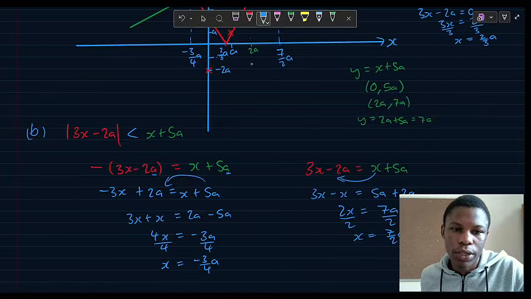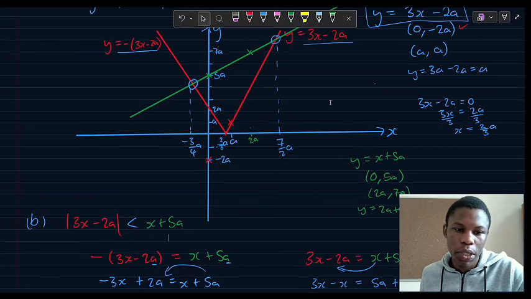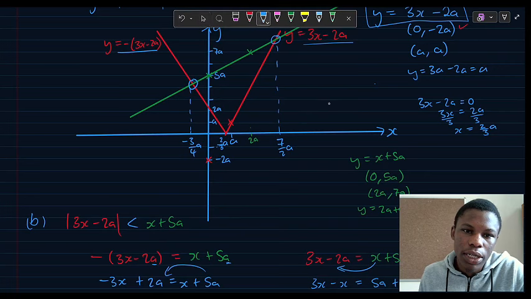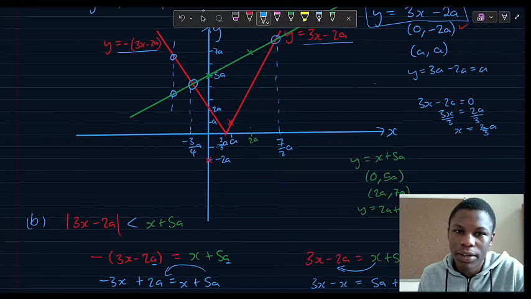That's what we're trying to figure out. When is the red graph below the green graph? So if I pick this point here, the red graph is clearly above the green graph, so that's not our region. If I pick between our points of intersection, so if I pick this point here, the red graph is in fact below the green graph.